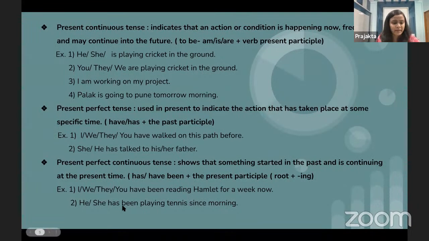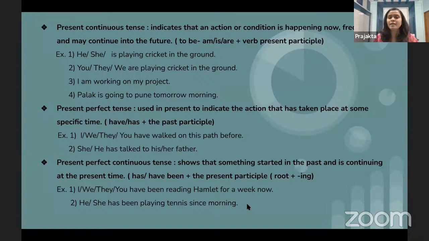He, she has been. Okay, so have been किस प्रोनाउंस के साथ यूज किया जाता है? I, we, they and you. And has been is used with the third person. Okay, he, she, it. Okay, she or he has been playing tennis since morning. कि वो सुबह से टेनिस खेल रहे हैं. That means in the morning they have started playing tennis.